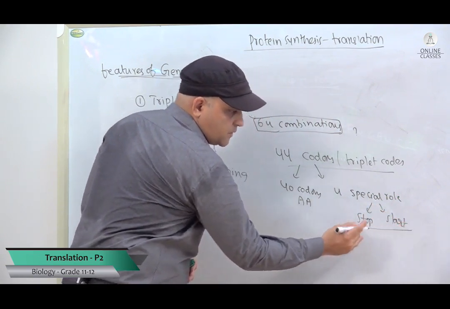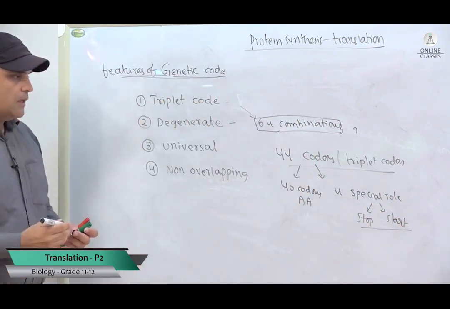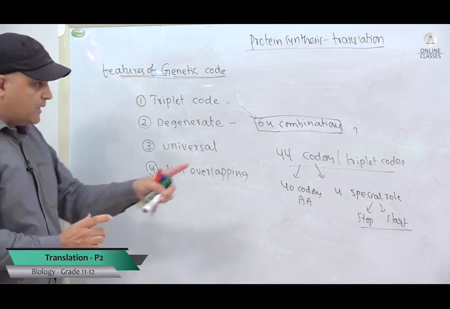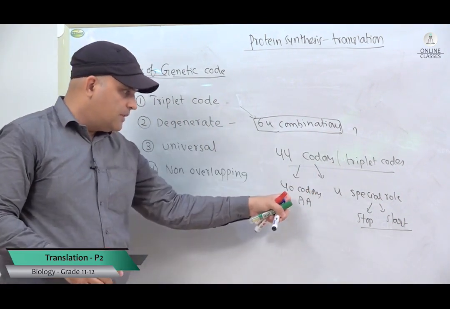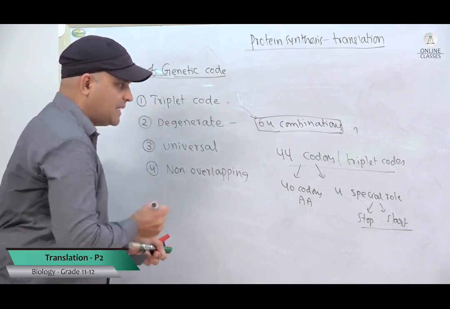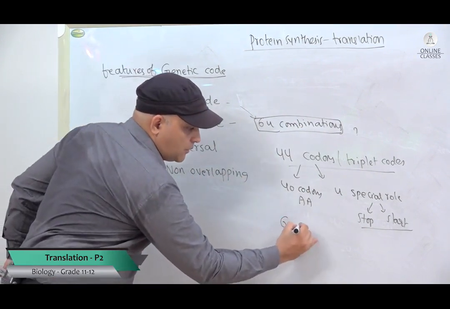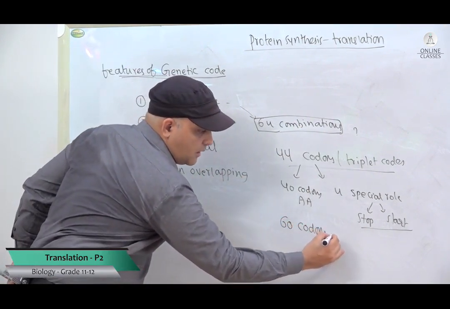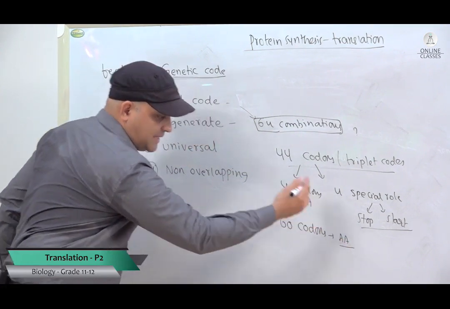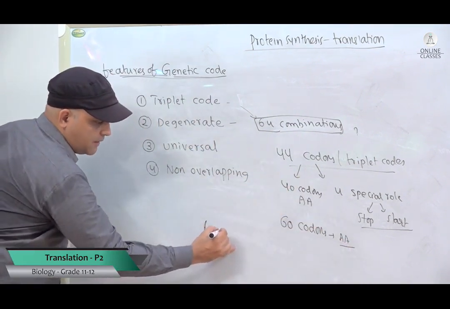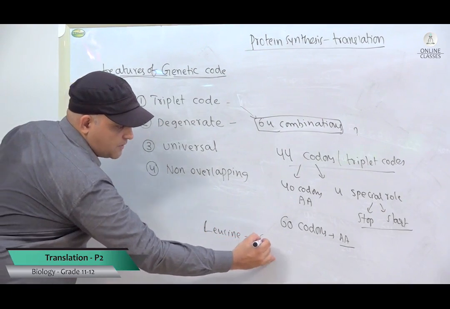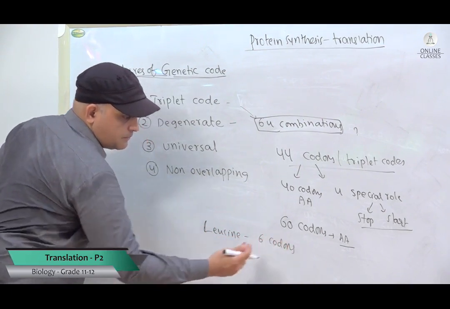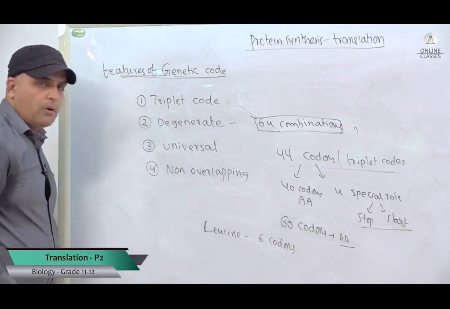They signal the process of starting and stopping the translation process. But this 40 plus this 20, that means 60 codons out of 64 codons are used for amino acids. That means each amino acid, for example leucine, has about 6 codons. More than required, it's not only 1 codon.